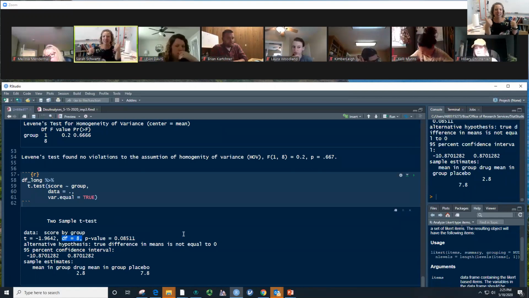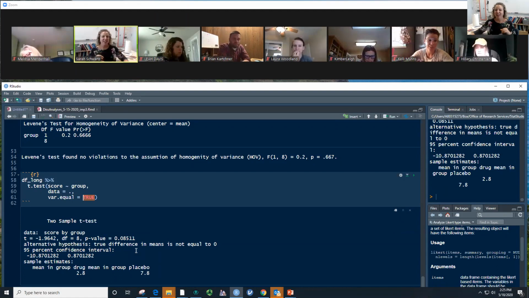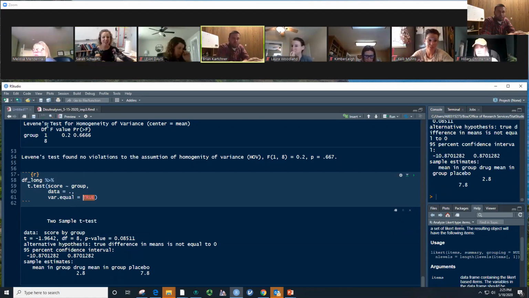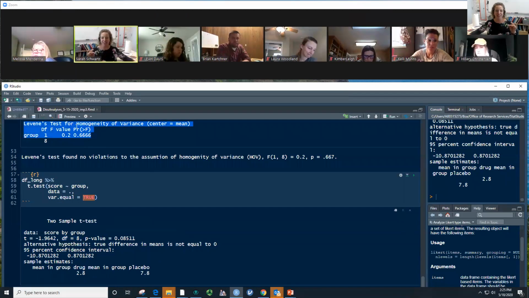Okay, so what's the decision point? How do you decide whether or not you treat the variances, the spreads, as the same? How do we decide? The p-value of Levene's test. So if the p-value is big, we say they're the same.